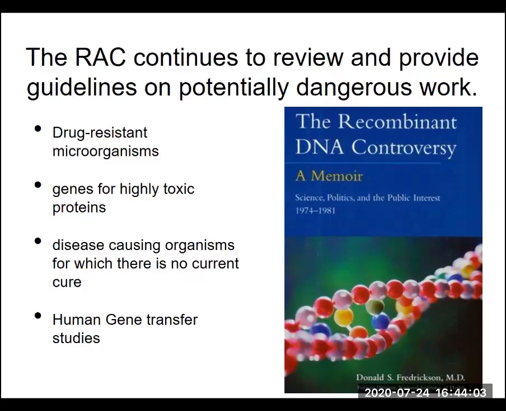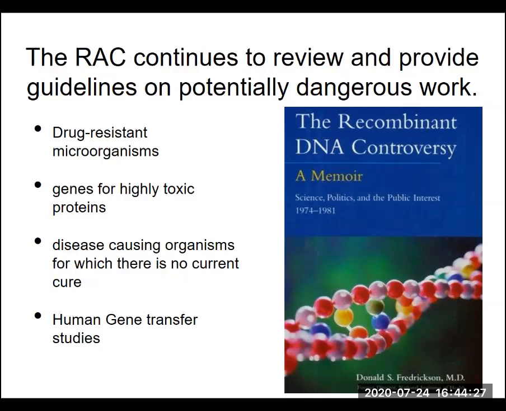If we're going to study genes for very highly toxic proteins, like the botulinum protein that causes botulism, it has an important use associated with it because we need to understand it to be able to treat it. But again, it has a huge risk factor associated with it because it could potentially poison lots and lots of people if it was to escape. Then there are organisms for which there's no current cure.